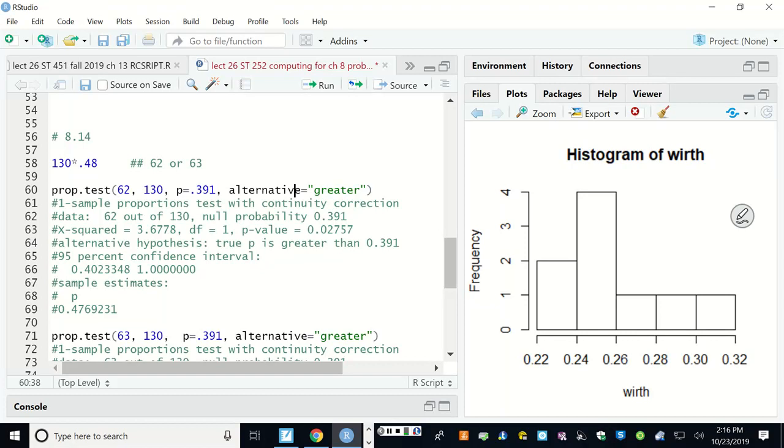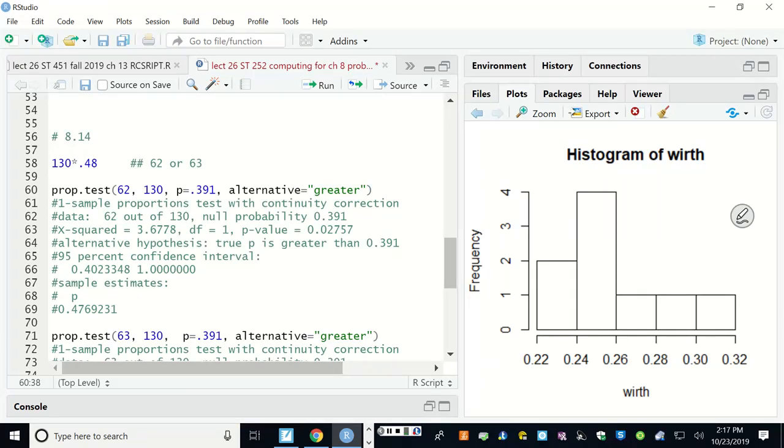There's a little bit of extra information in here, but it gives us a p-value of 0.02757. It also gives a one-sided confidence interval, right? That is bigger than the 0.391. So because this p-value is small, we're going to reject the null hypothesis and conclude that it has gotten worse.